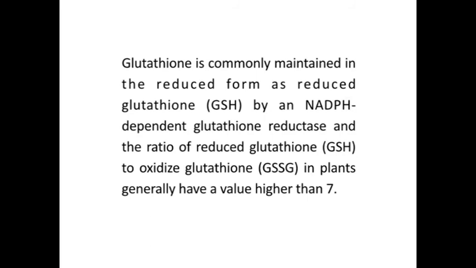Glutathione is commonly maintained in the reduced form, represented by GSH, by an NADPH-dependent glutathione reductase, and the ratio of reduced glutathione or GSH to oxidized glutathione or GSSG in plants generally has a value higher than 7. Glutathione plays various roles in plant functioning and works as an important reductant.